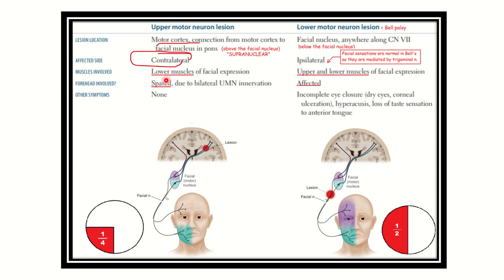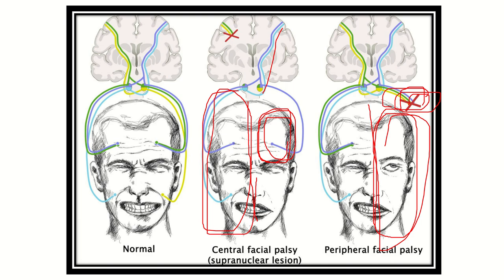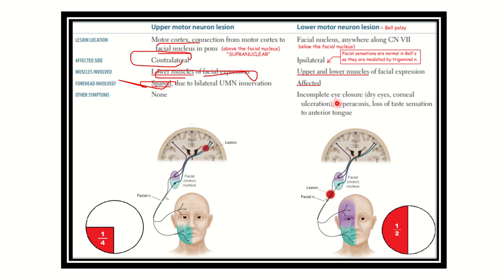Then we can see the lower muscles of the face are paralyzed, facial expression will be lost, as shown in the picture. Then forehead innervation is spared. That means in the forehead area there will be innervation present. Other symptoms are usually not present.